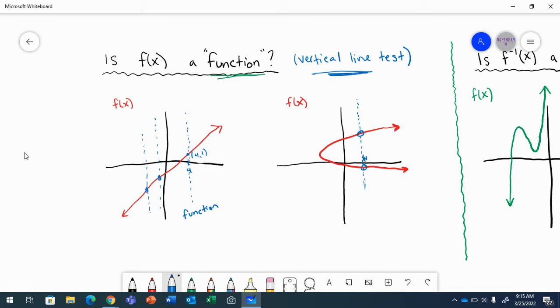This might be the point 4, -1. And this up here might be the coordinate 4, let's just say it's up at 5. Clearly, if I plug 4 in, I'm getting two different y values, or in other words, my vertical line is hitting two spots on my graph, and therefore this guy is not a function.